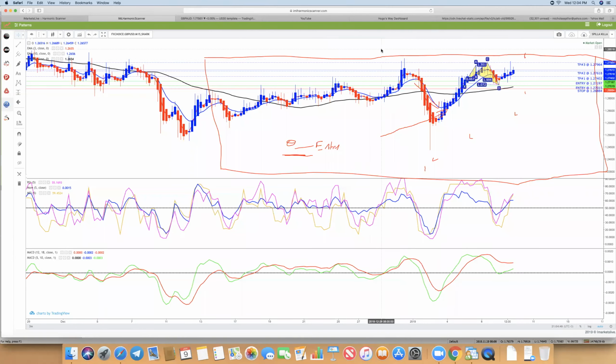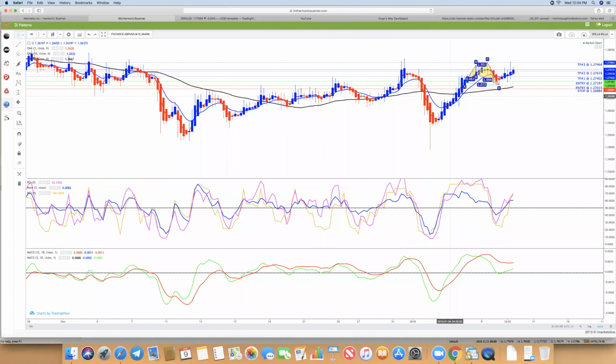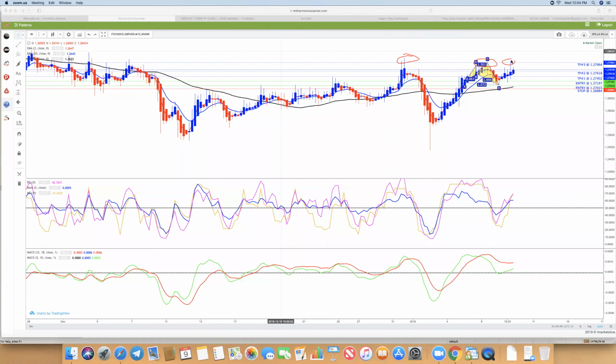Let me clear all these lines off. All right, this is an uptrend on the 4-hour chart, right? However, even though it's an uptrend on the 4-hour chart, I have this, and this. That's letting me know I have a triple top. 1, 2. This triple top. I'm looking for this unless some news come out. This is GBP USD.